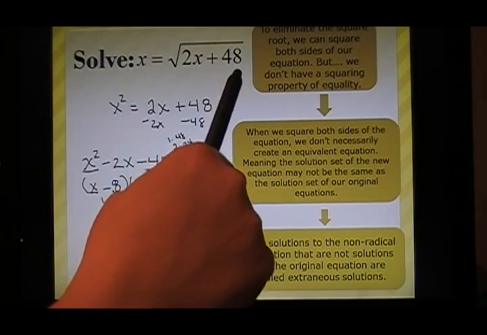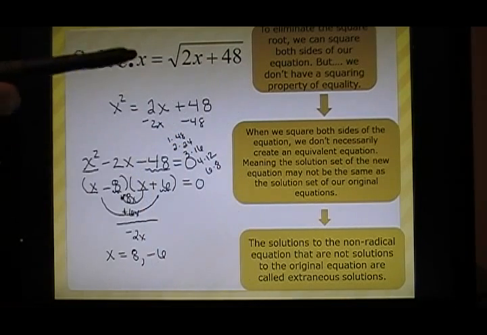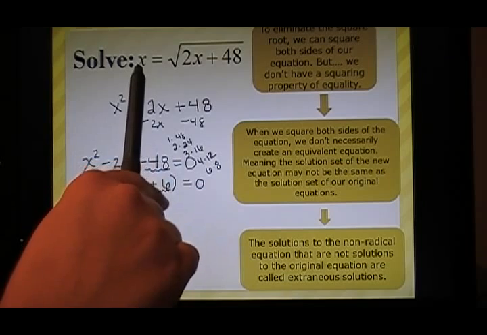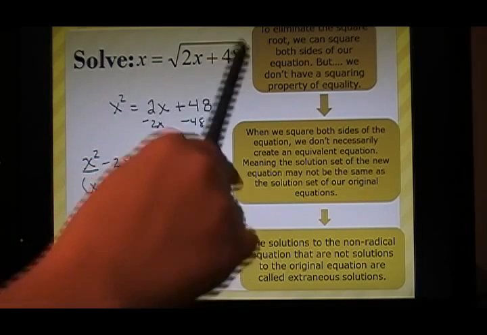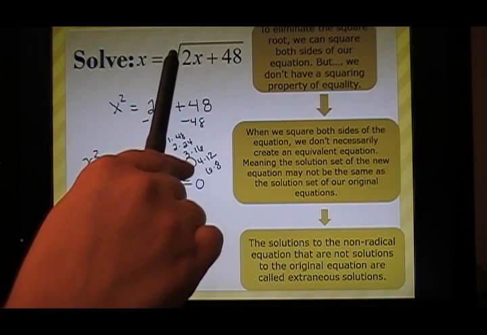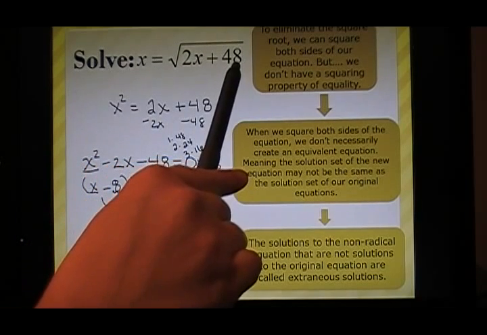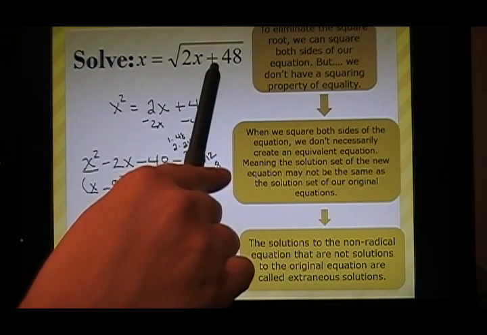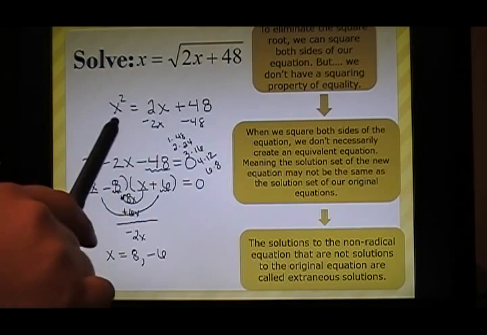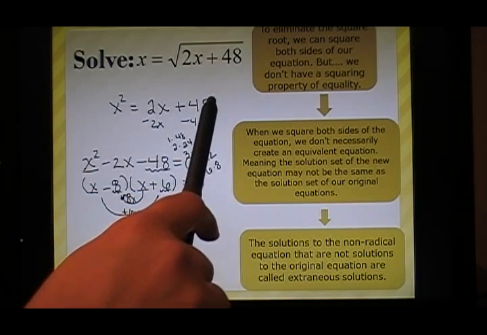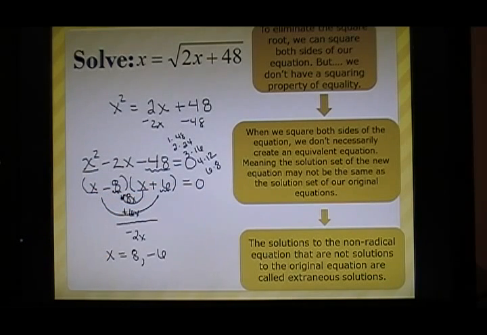And so when we square both sides, you can see that's really what we're trying to demonstrate, right? This equation says that x is the number that I multiply twice to get 2x plus 48. So logically, if I multiply x twice, I should get 2x plus 48, right? So that's what's going on here.